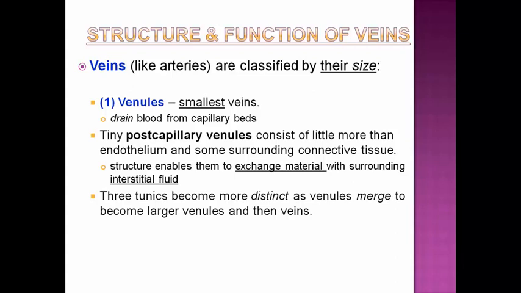This is going to allow these postcapillary venules to also be able to exchange material with the tissues and the interstitial fluid. But as we move from the venules to the other veins, you're going to see more distinct tunics, and as they merge, they're getting larger and larger in their lumen until you get to the inferior and superior vena cava.